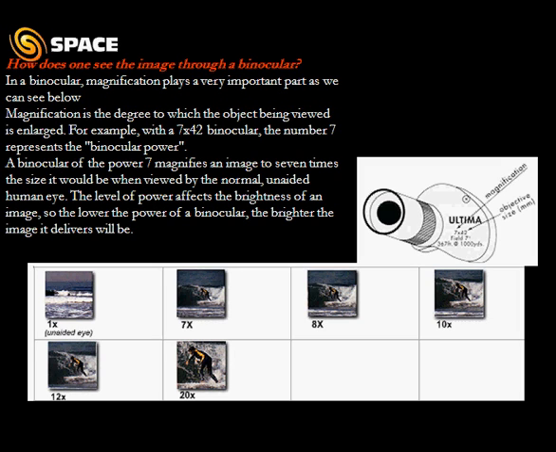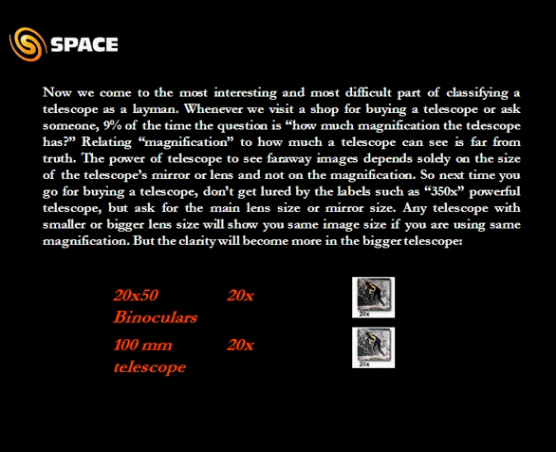Now then, why do we use a telescope? Because if a binocular gives me a 20x power, what will happen with the same power, same magnification, with a bigger telescope? The difference is in terms of the resolution. The bigger the mirror is, the better it will be at resolving 2 points in space.